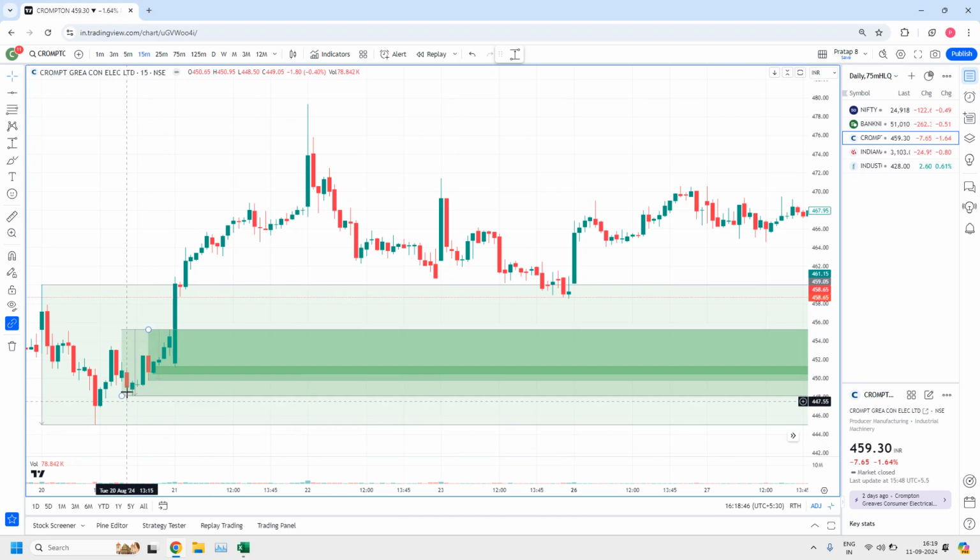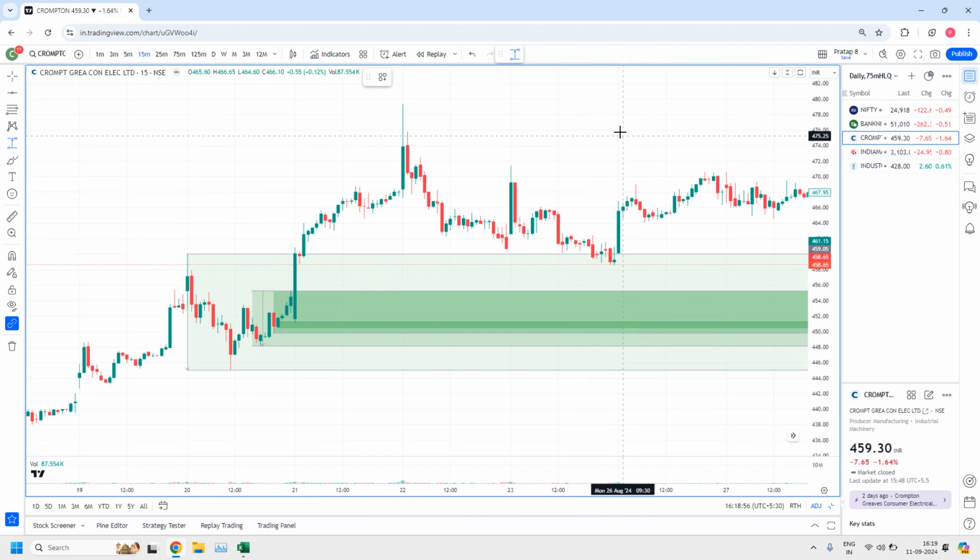Here drop, base, rally also, this you can also draw like this. There is one more, but these are all the LOTL scenarios. Drop base rally also you can draw. Sorry.